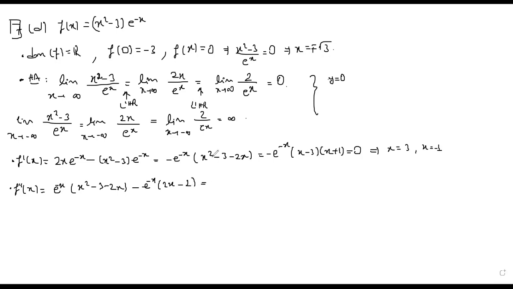Now if we write it in the parentheses of e to the minus x, what do we get? The first one gives x squared minus 3 minus 2x, and the second one gives minus 2x plus 2, so we get this one. And if we equalize it to 0, what do we get?